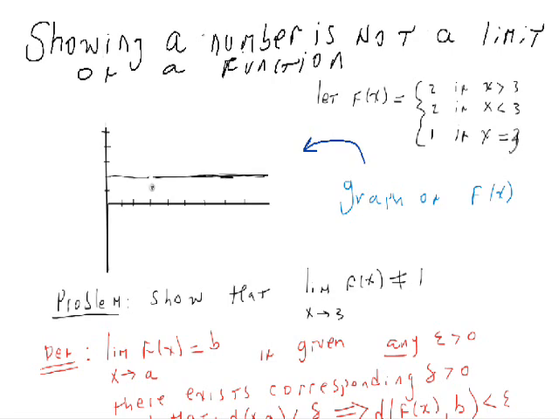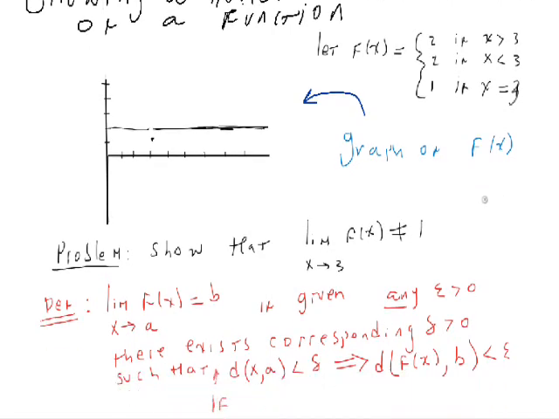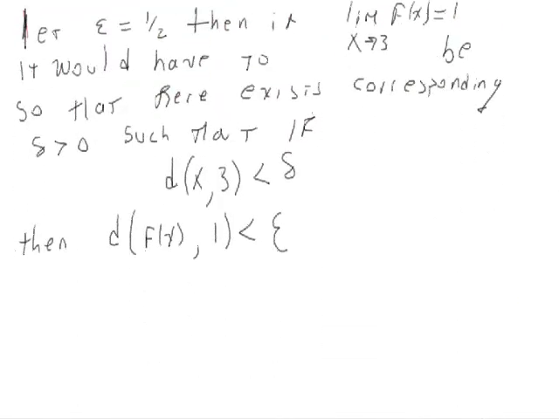So you are not going to find a delta having the property that when the distance between 3 and some value x here is smaller than delta, the distance between f of x and 1 is going to be smaller than epsilon. So obviously this function does not have the property that the limit as x approaches 3 equals 1, and we have shown what we set out to show.